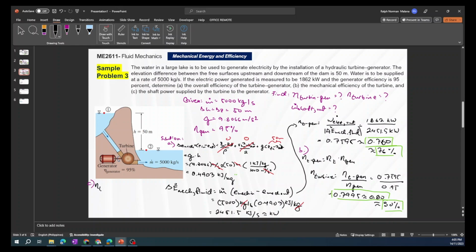The efficiency for the turbine is also simply mechanical power output divided by the mechanical power decrease of the fluid. And luckily we have that.